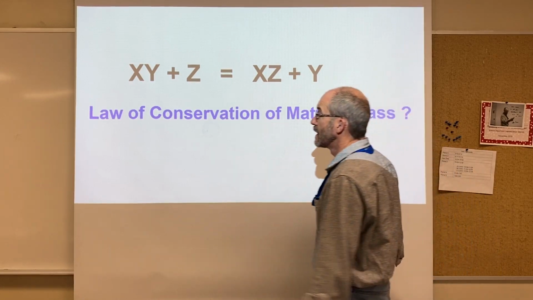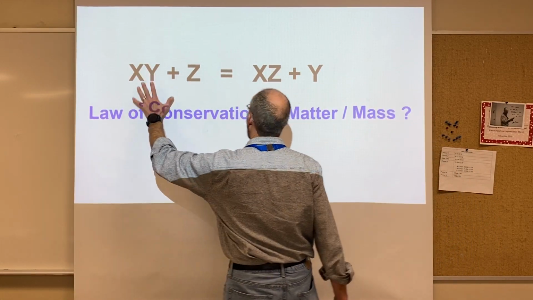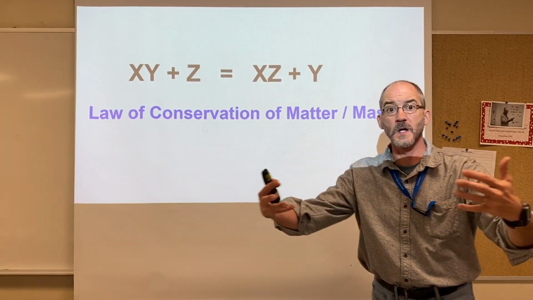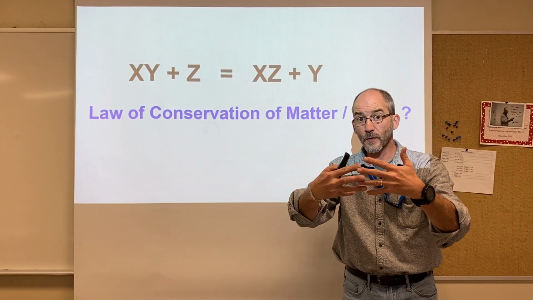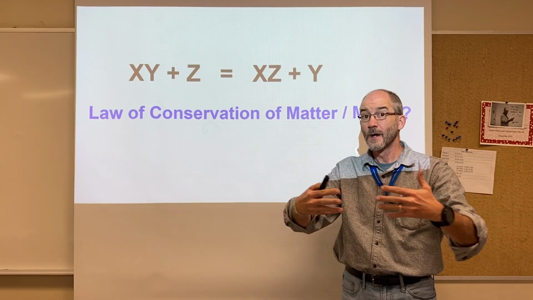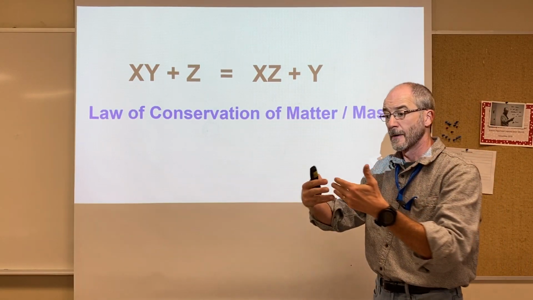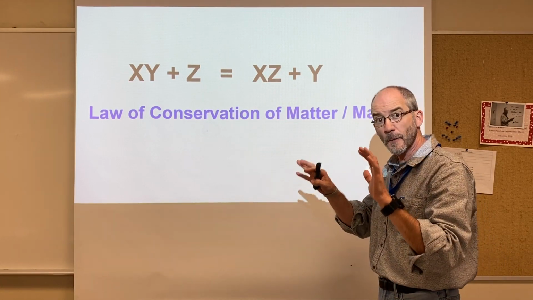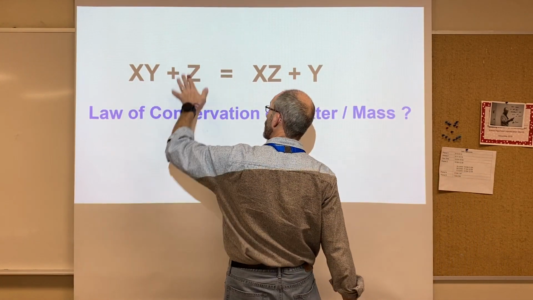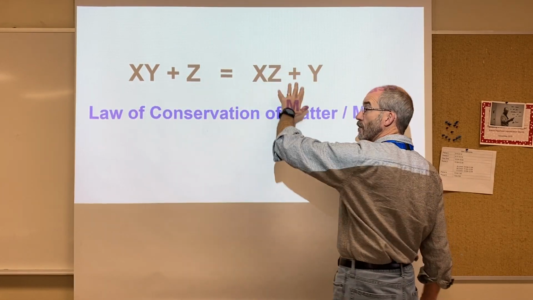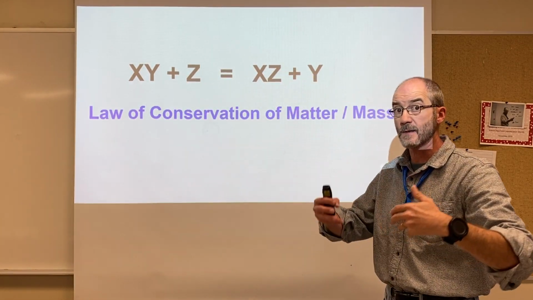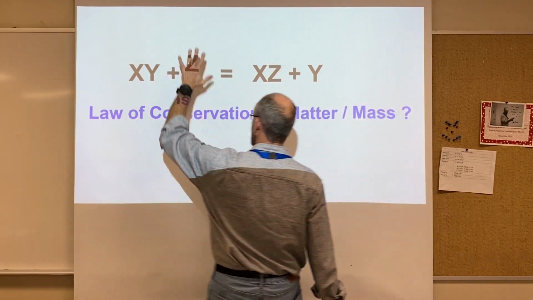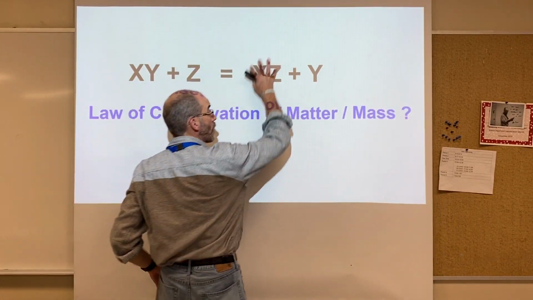In other words, whatever I have here, I'm going to have here. Now we may alter its form, or the way whatever is put together, its composition. We may liberate a gas where there wasn't a gas before, but the point is, whatever we have here will be reflected here in terms of the atoms and the elements. Remember, these are our reactants and these are our products.